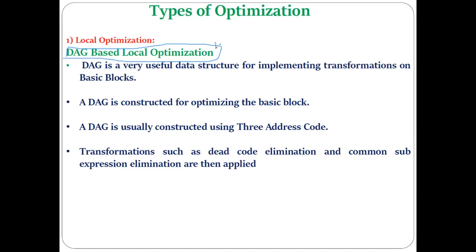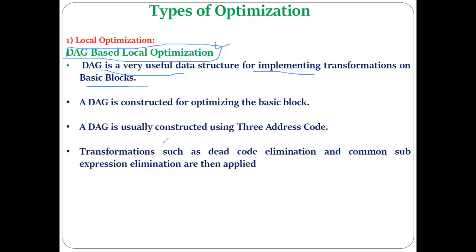So our point today is how we can utilize the DAG to do the optimization, and specifically the local optimization. Yes, DAG is a very useful data structure for implementing transformations on the basic block. Means DAG can be utilized to do the optimization. So today we are going to discuss how, utilizing the DAG, optimization can be done, and how the DAG is helping to do the optimization.